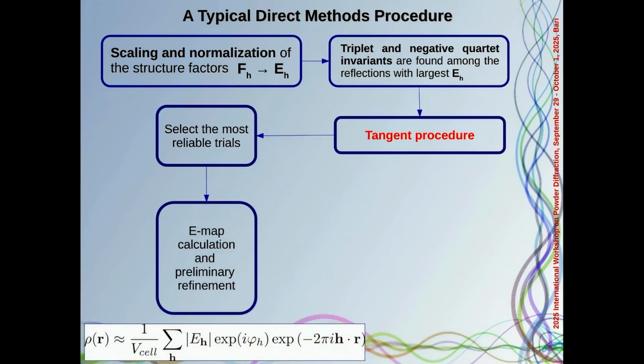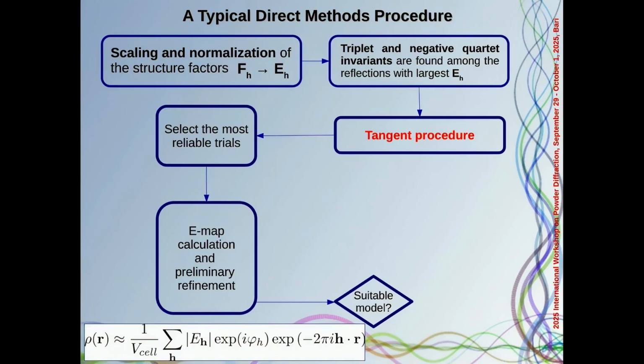Because if you have the phases and the structure factor amplitudes, you can calculate an electron density map by inverse Fourier transformation, or in other terms using this mathematical formula. This initial electron density map is optimized, and you can obtain a structural model.